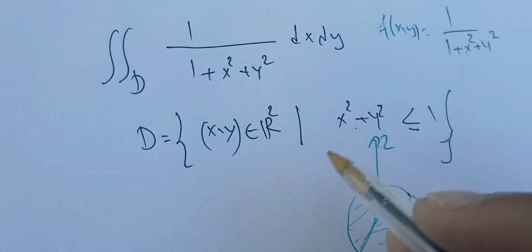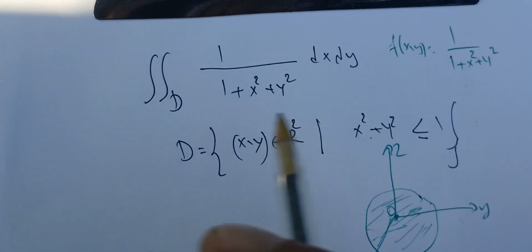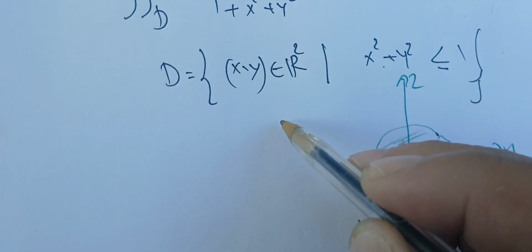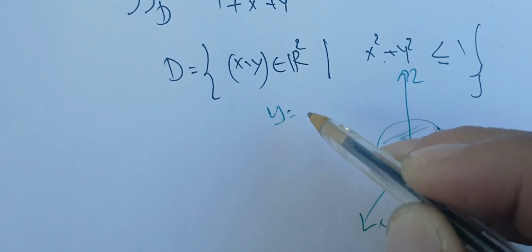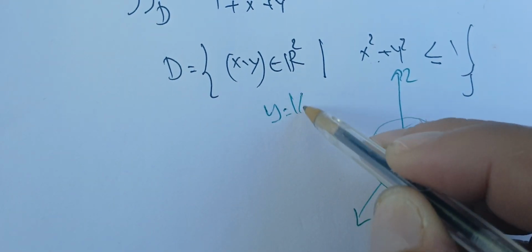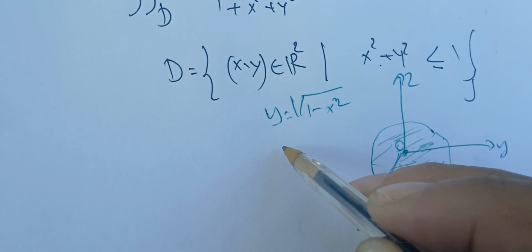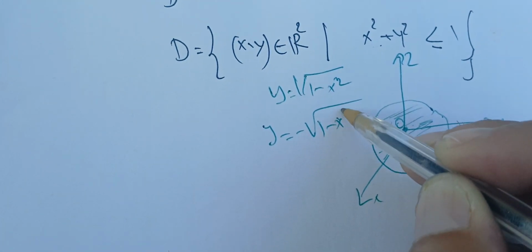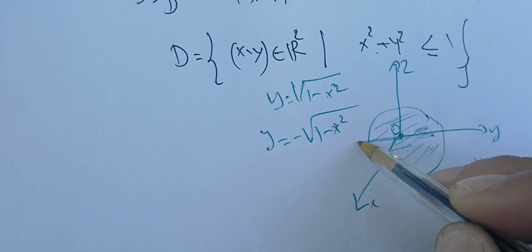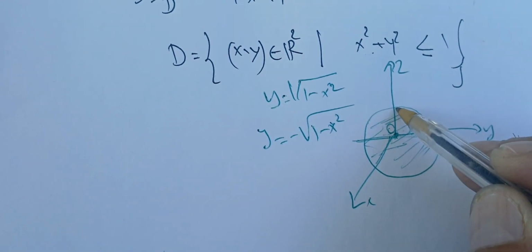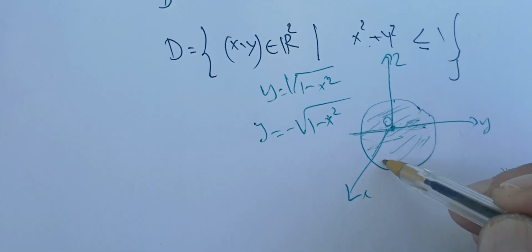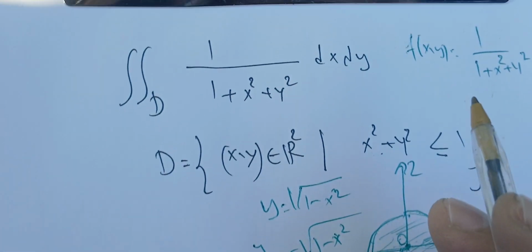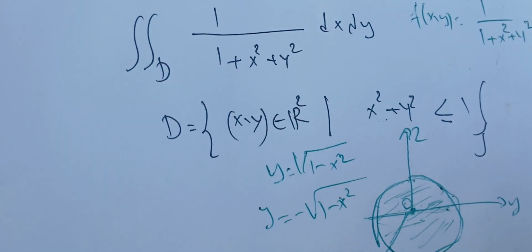On the positive part, y is equal to the square root of 1 minus x squared, and on the negative part, y is minus the square root of 1 minus x squared. We have to split this region into two, this one here and this one here. But the polar coordinates will make this one easier.